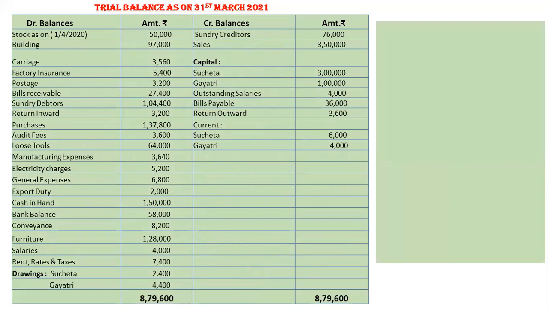This form consists of debit balances on the left hand side and credit balances on the right hand side. The items shown in this example are items of trading, profit and loss account, balance sheet, and partners' capital or current accounts.